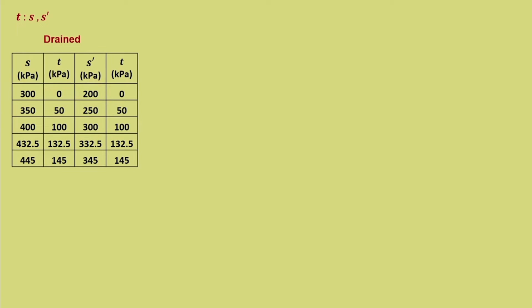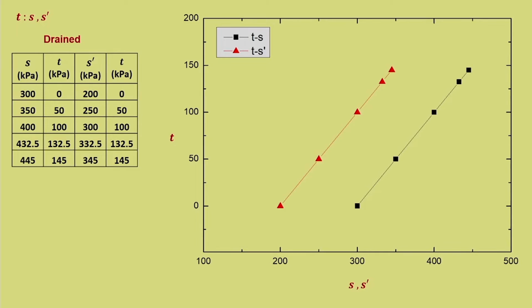That will get changed, whereas in the case of t there is no change, as we have seen earlier, since t is not affected by pore water pressure. So, how will the stress path look? Again, the pattern of stress path has changed in the t-s plot. This is total stress and this is effective stress, but the pattern of both effective and total stress remains the same in the case of the drained stress path.